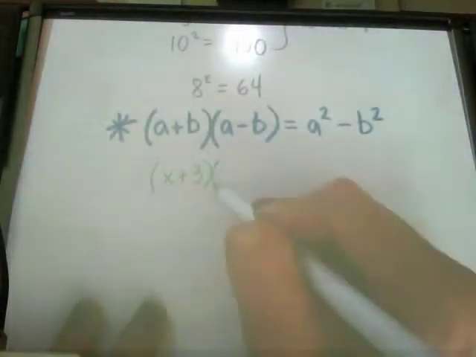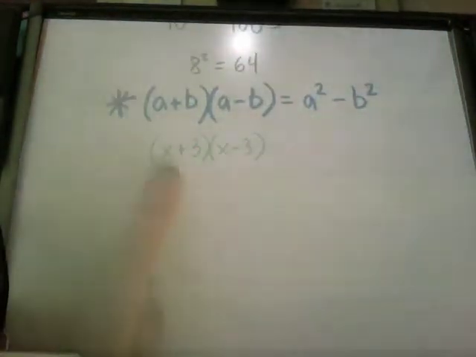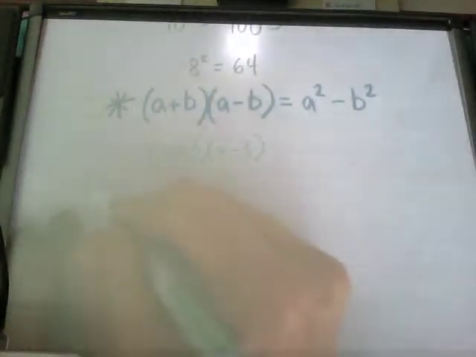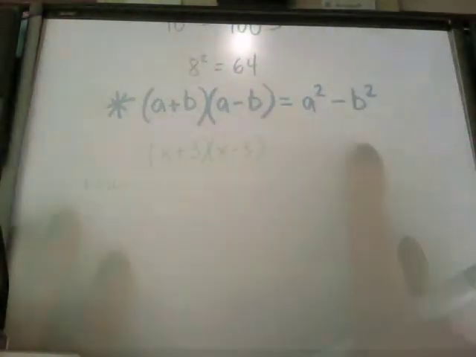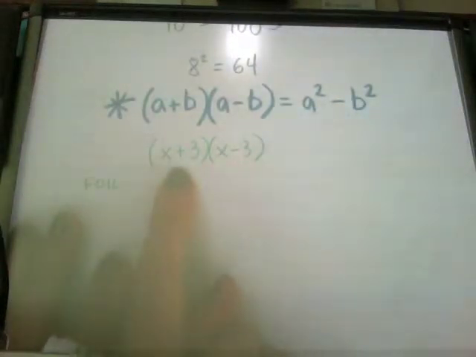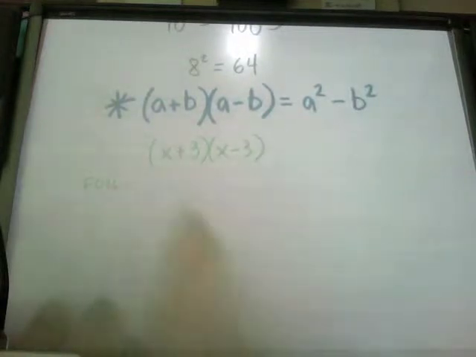Let's say we have x plus 3, x minus 3. First underneath here, let me show you what you get if you did FOIL. And then I'll show you the shortcut you can take. If you recognize, hey, this has the same exact contents, but one's a plus and one's a minus, then you don't need to FOIL. FOIL will work, but you could also just follow this pattern. So first let's try FOILing it.